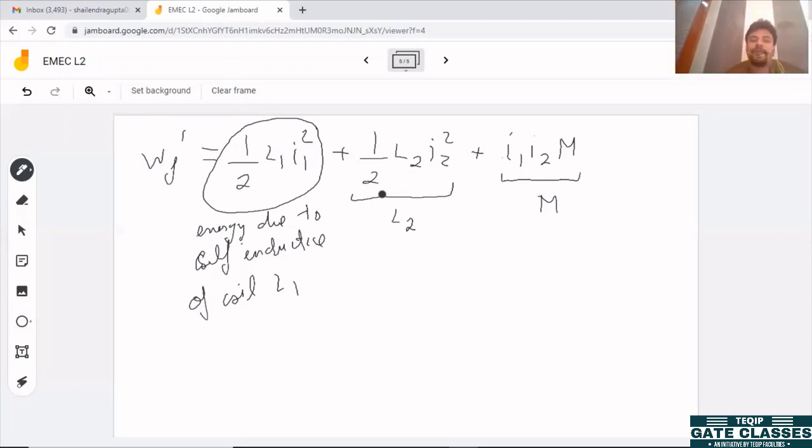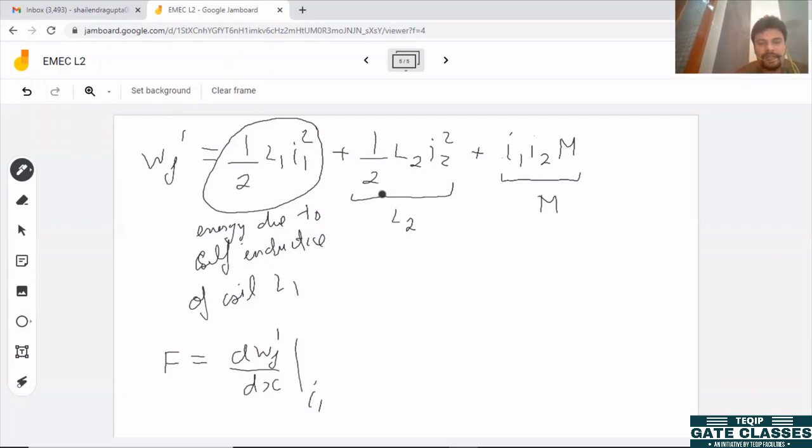So from here we can easily calculate our forces. So our force will be what? We can write our force as dW_f' upon dx, as we have done in the previous lecture, maintaining I1 and I2 as constant.